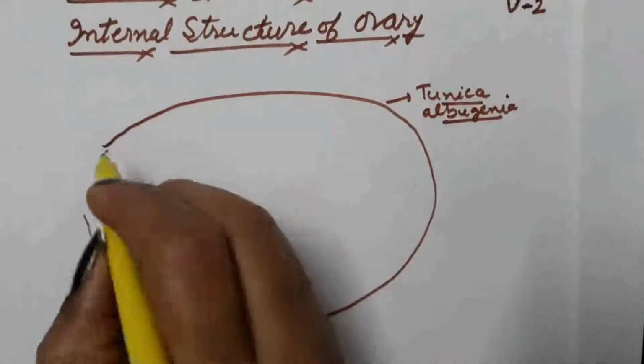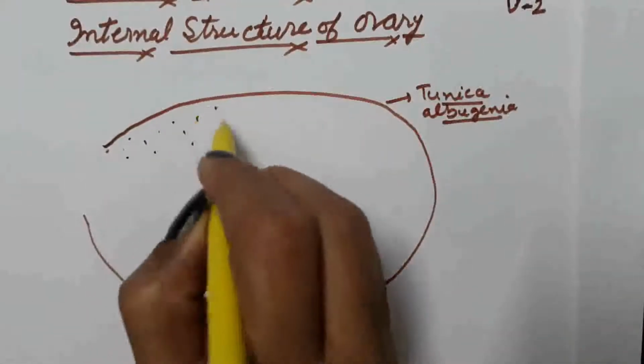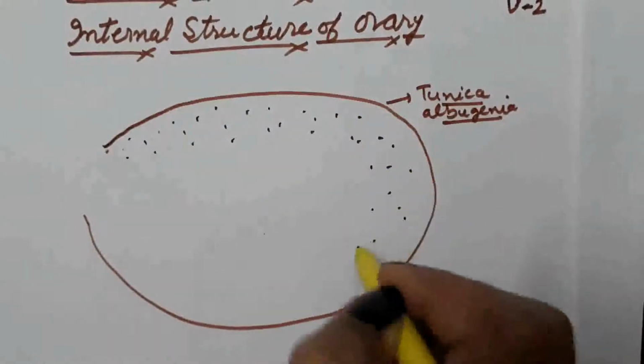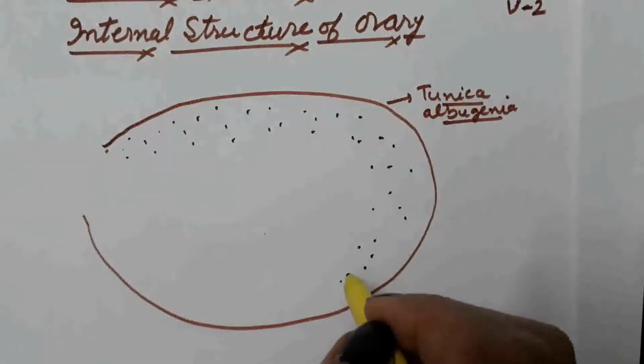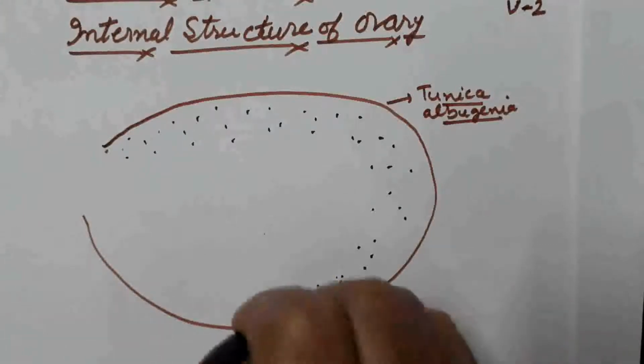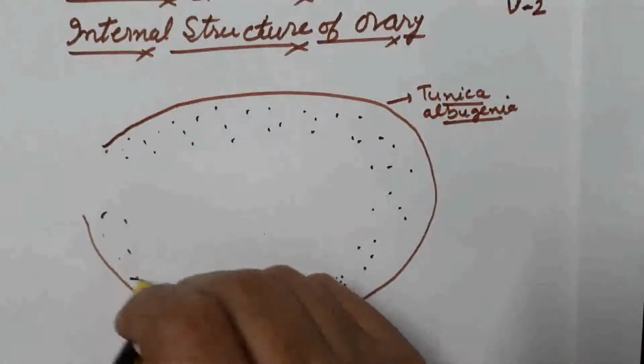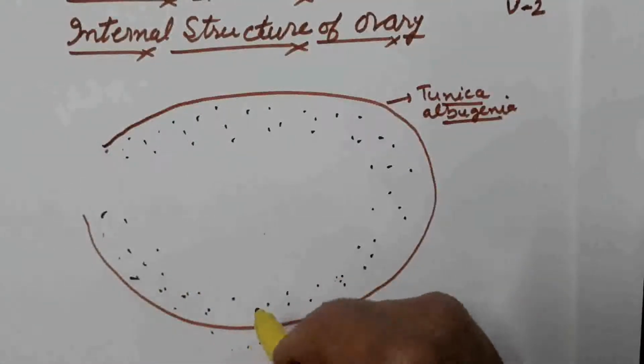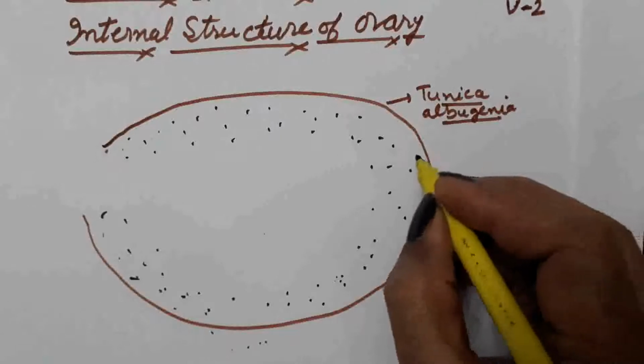The outer part is known as the cortex region. This cortex region is made up of reticular connective tissue.